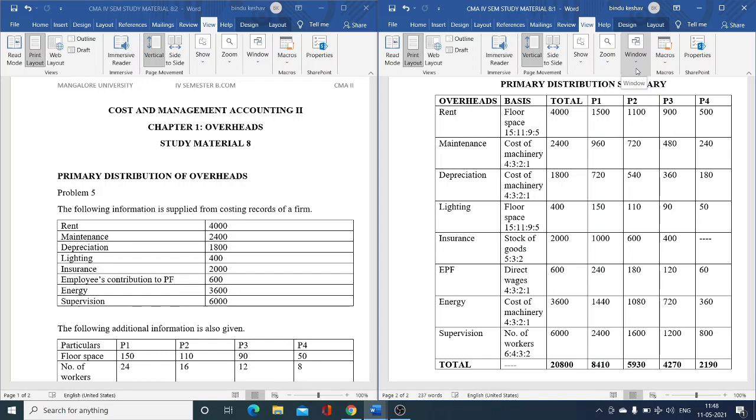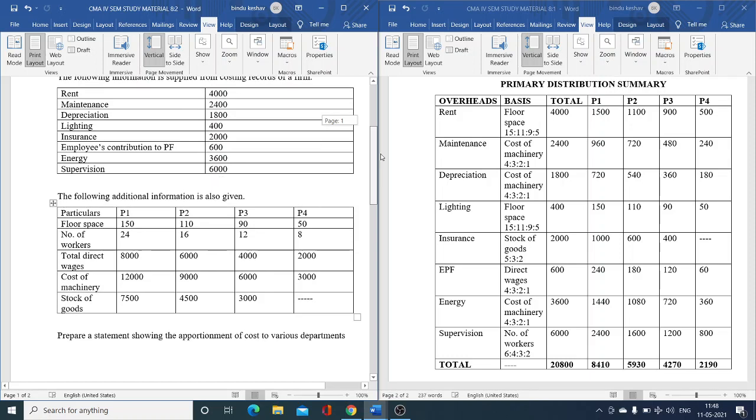The session 6 is about the primary distribution of overheads, wherein we will prepare a primary distribution summary based on the information given. The following information is supplied from the costing records of a firm. Rent 4,000, maintenance 2,400, depreciation 1,800, lighting 400, insurance 2,000, employees contribution to PF 600, energy 3,600, supervision 6,000.